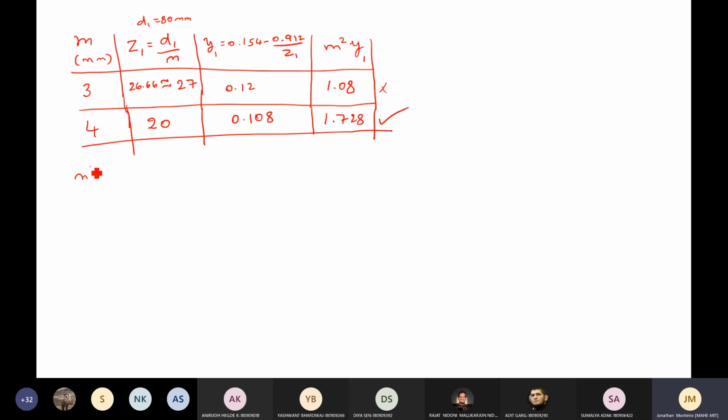So here m square y adopted should be greater than m square y which is required. Okay, so therefore the design is safe from strength point of view.